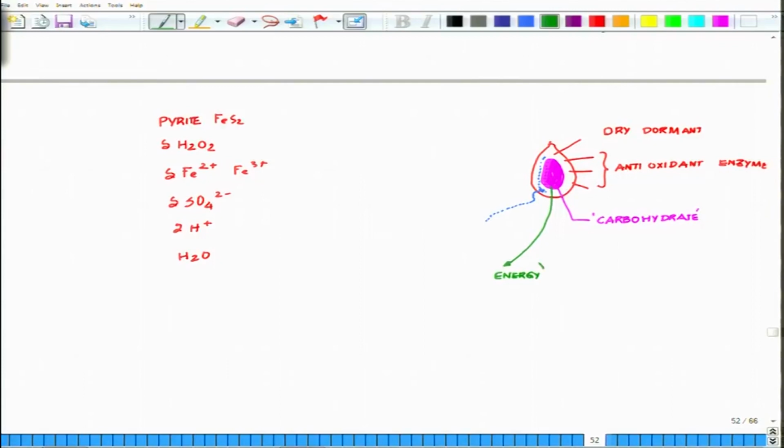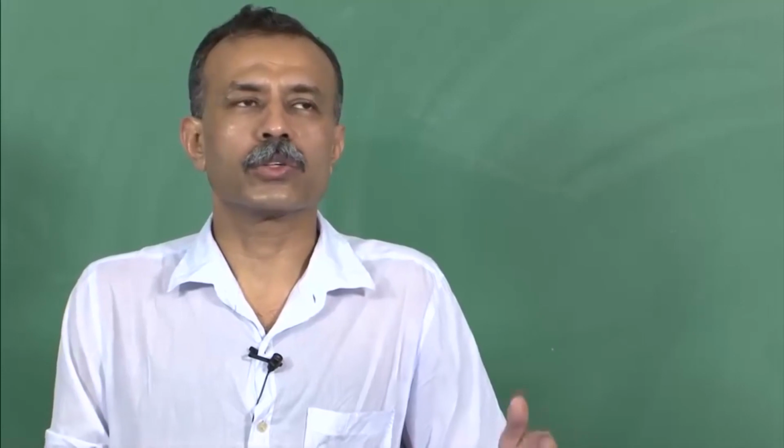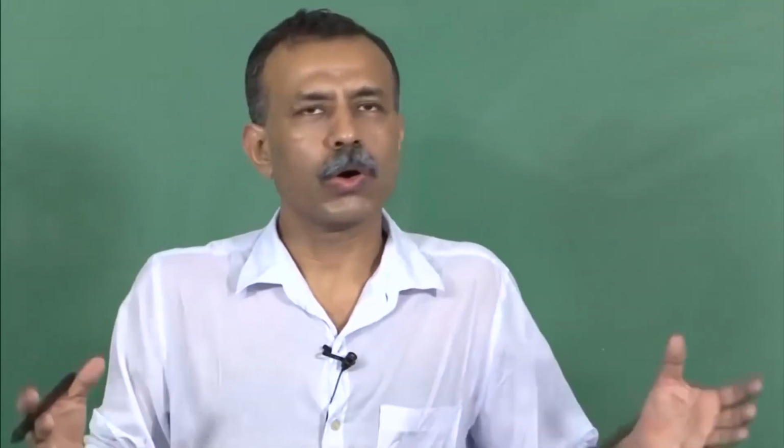Now, what is breaking down the carbohydrate? The enzyme. So, for those of you who have forgotten, carbohydrates are long chains of glucose, galactose, mannose, and all sorts of things.